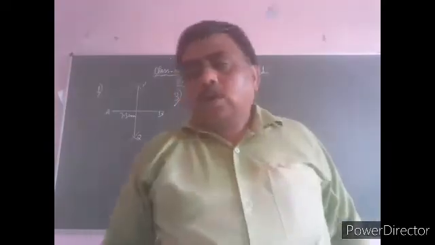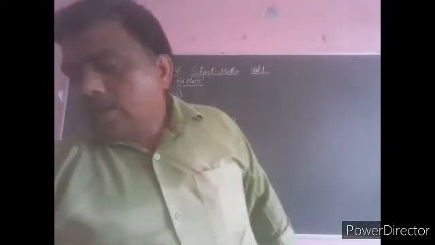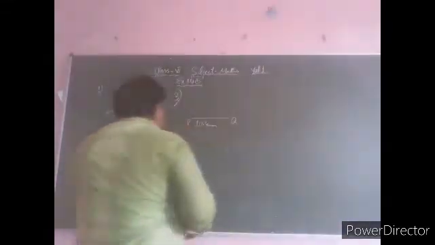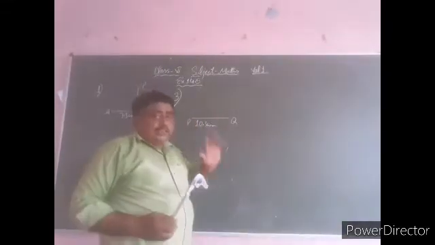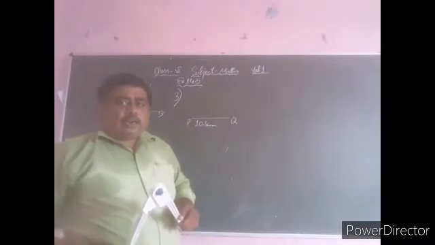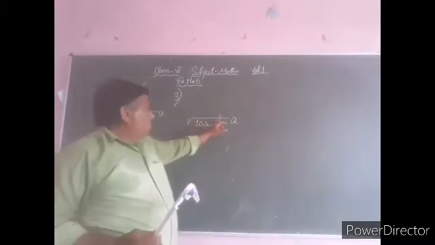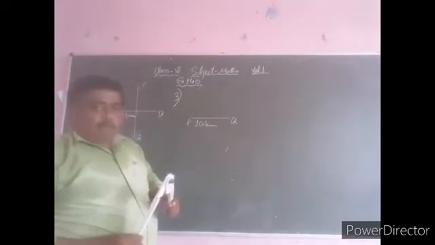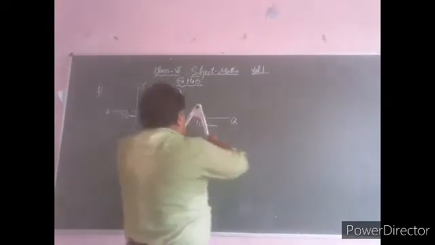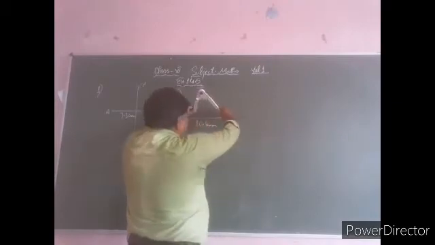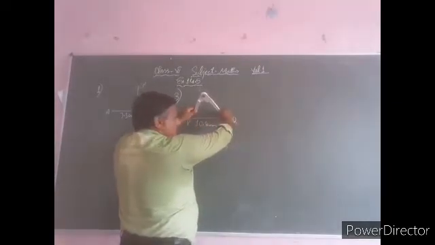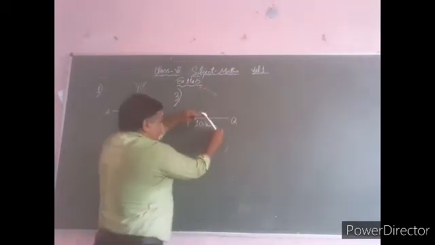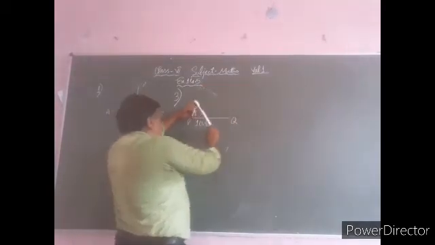So first of all, draw the perpendicular bisector. Same steps, taking P and Q as the center and radius greater than half of PQ, draw the arcs. This is more than half. In this way, draw the arcs.